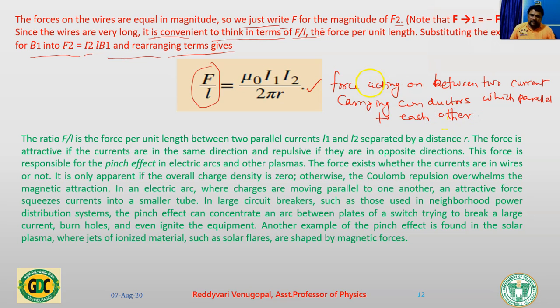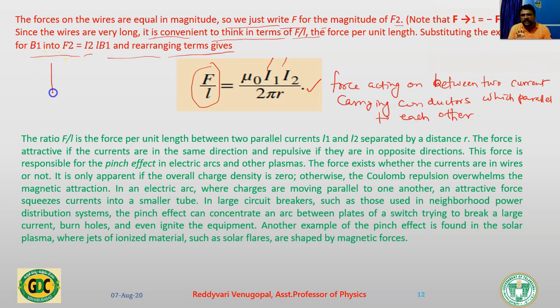If you observe this equation, the force acting between two current carrying conductors depends on two parameters. They are the currents flowing through each of the conductors and the distance between the conductors.